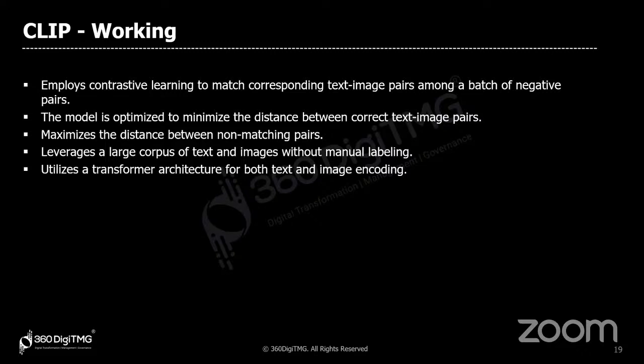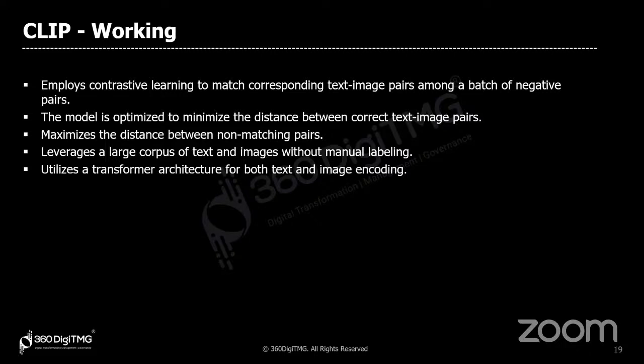The model is optimized to minimize the distance between the correct text image pairs. It will maximize the distance between non-matching pairs and minimize the distance between the matching pairs, so that we can have an understanding of both.